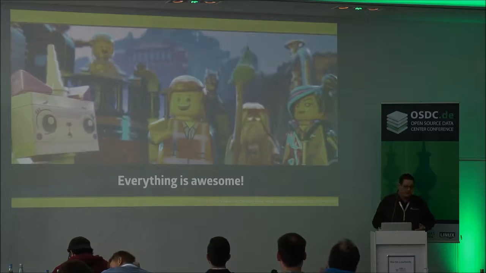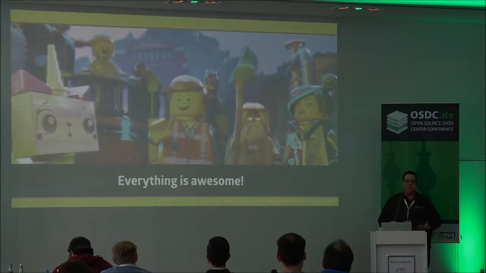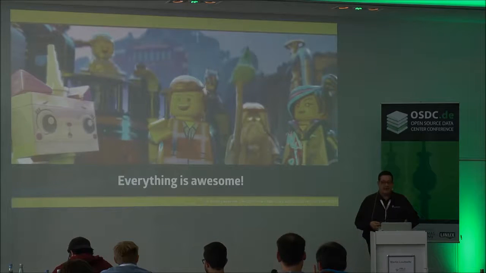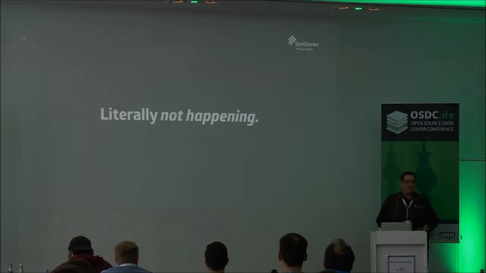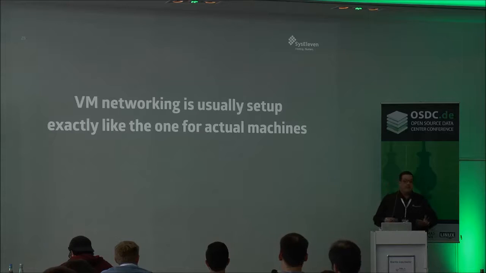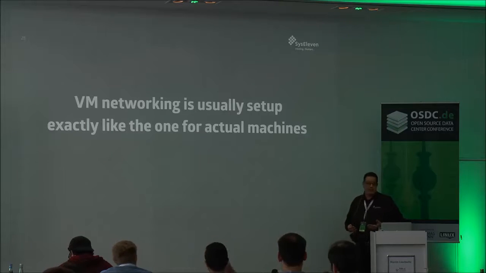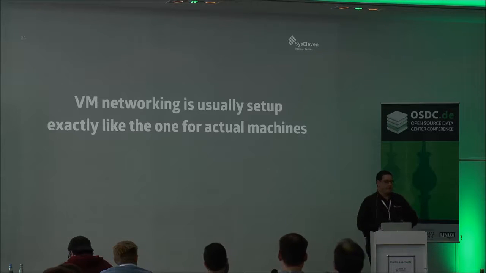And now the interesting question is, how does virtualizing network work, or how has it worked in the last years? How have we actually done that? And the interesting answer to that question is, actually we haven't. Networking virtualization has not really happened. What we have done is, we treated networking for virtual machines exactly like we would have done networking for actual physical machines.